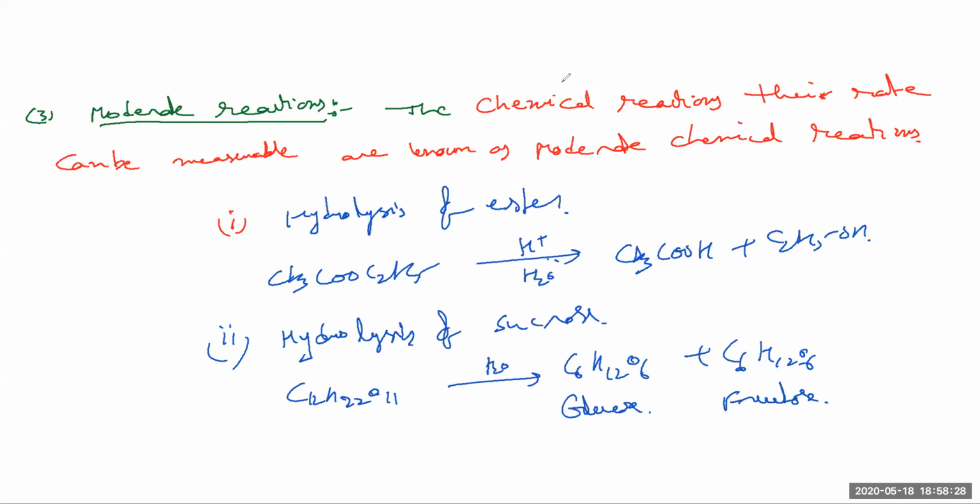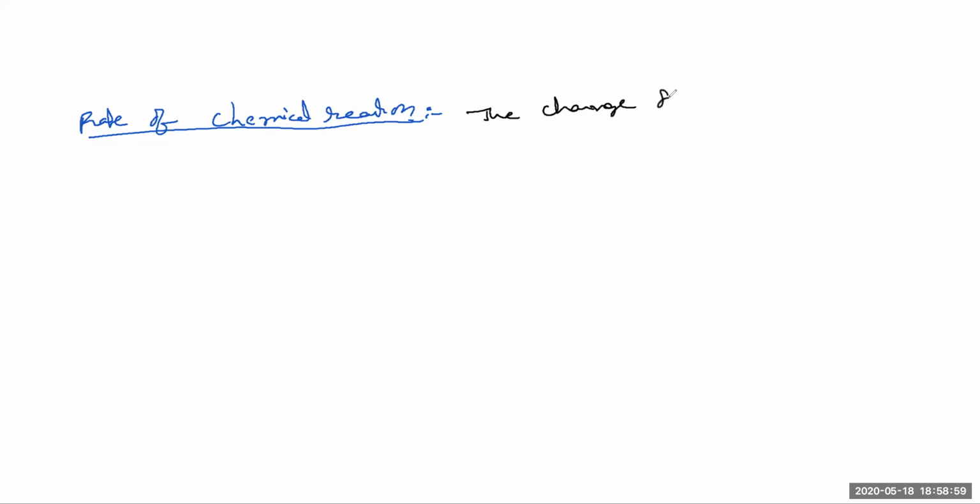Now, what is the definition of rate of reaction? Take the definition of rate of chemical reaction. It is the change in concentration of the species.